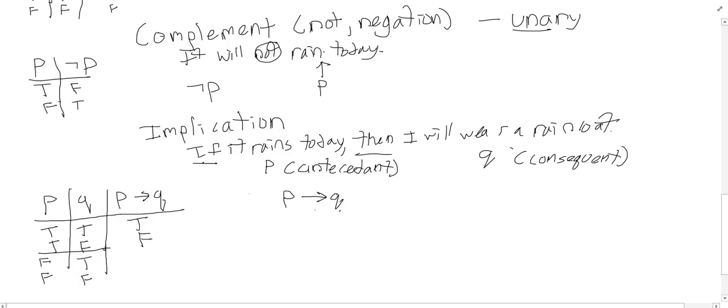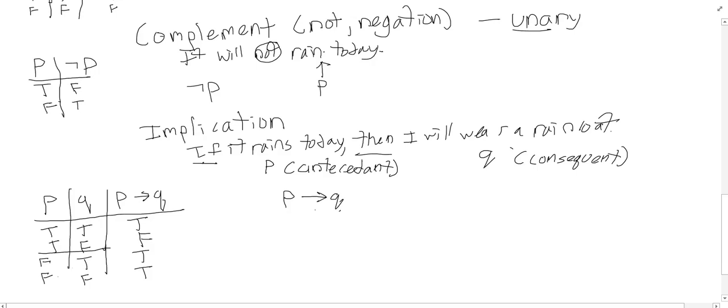So in the case where the antecedent P is false but the consequent is true, the whole implication is considered true, and likewise when they're both false. The general rule with implication is that if the antecedent is false, the implication is true, regardless of what the consequent is.